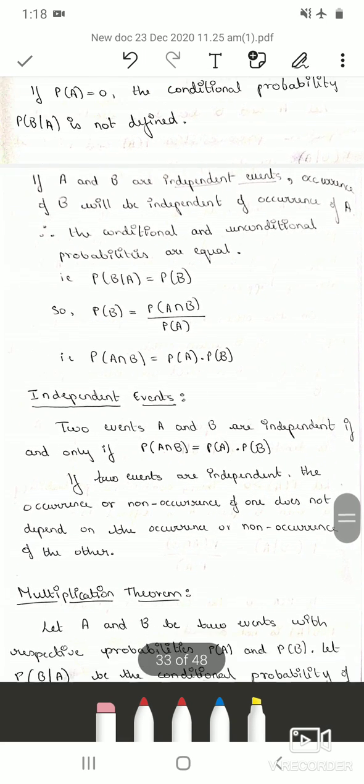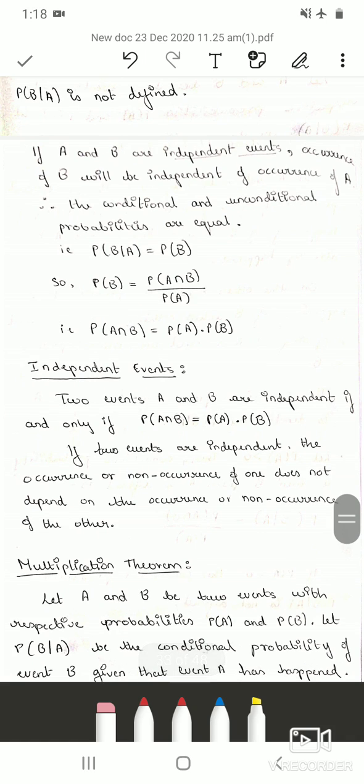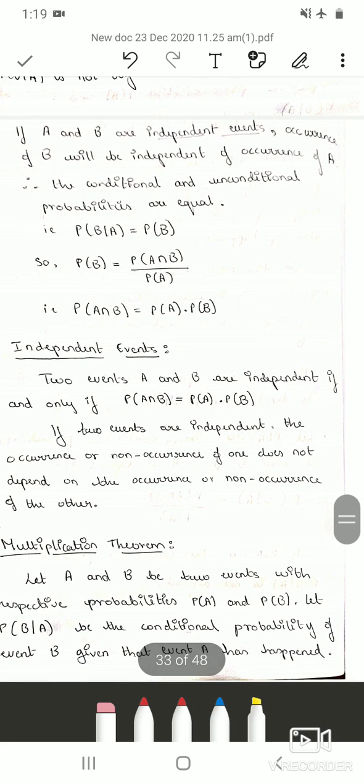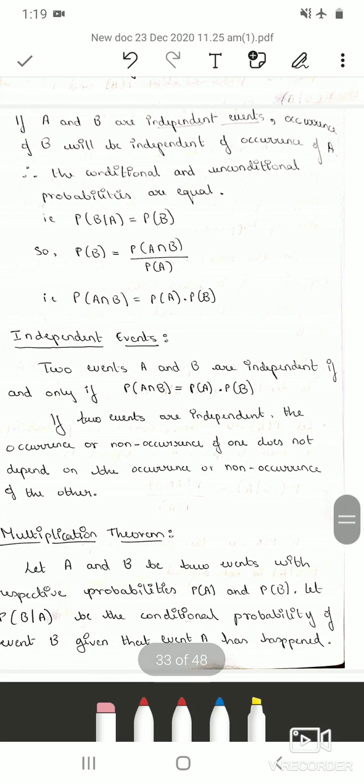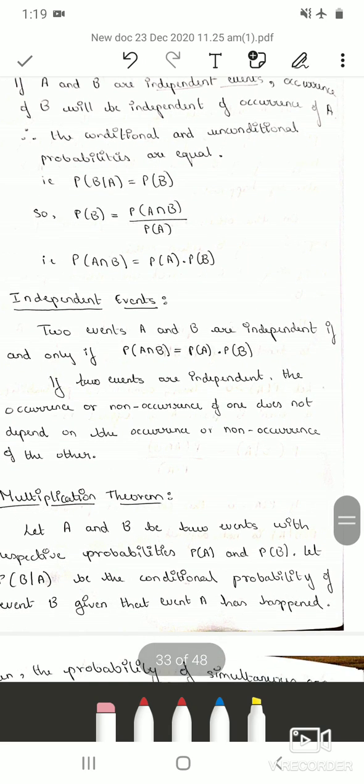If A and B are independent events, occurrence of B will be independent of occurrence of A. Therefore, the conditional and unconditional probabilities are equal. So the conditional and unconditional probabilities are equal only when events A and B are independent events.